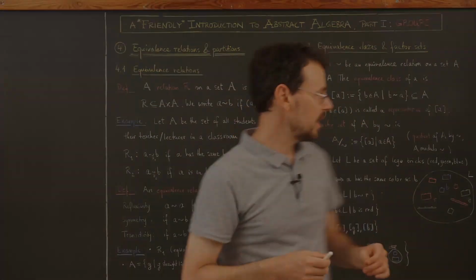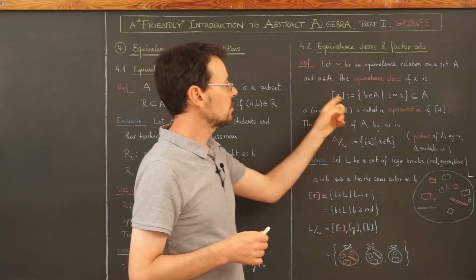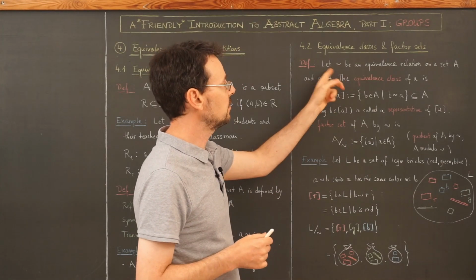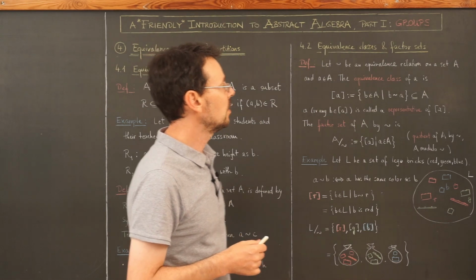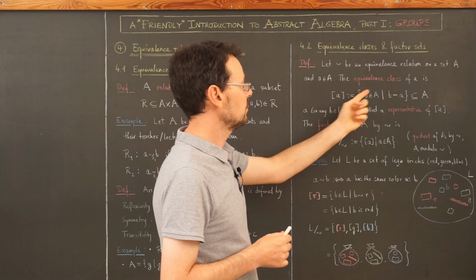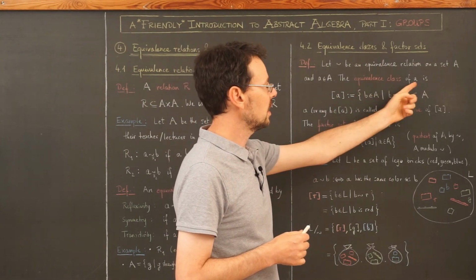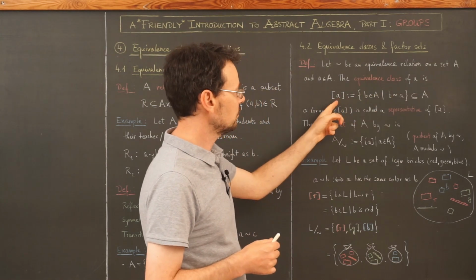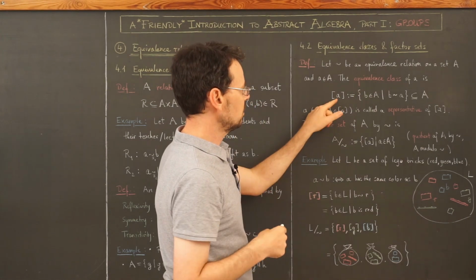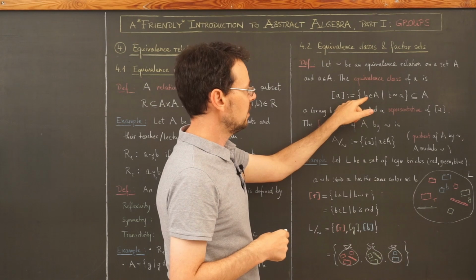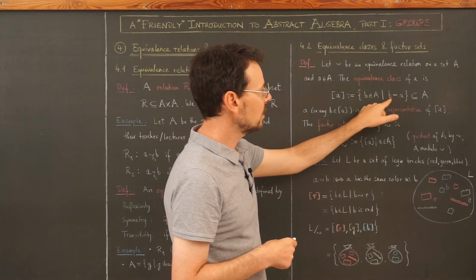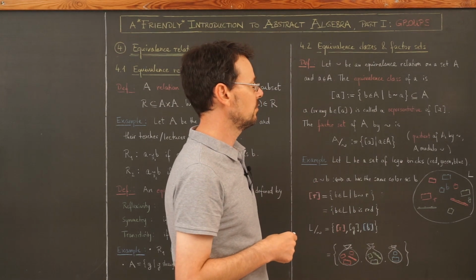Now we look at the so-called equivalence class of an element. So tilde is an equivalence relation on a set A, and a is an arbitrary element of this set. Then the equivalence class of this element is defined as follows. Here, these rectangular brackets around a: I take all the elements in the set A that are in relation to a.